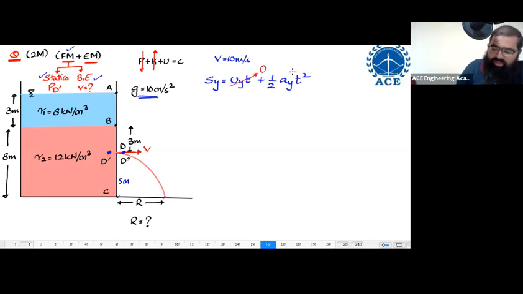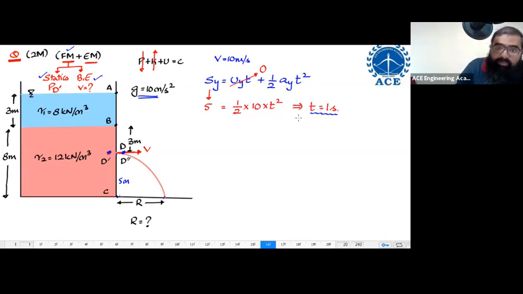Taking the displacement in y as 5 units, with downward direction positive, ay is g, which is 10, multiplied by t square. From here, the value of t is equal to 1 second.